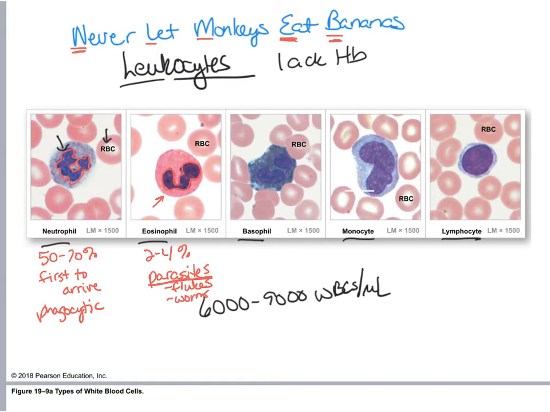So the eosinophils will shoot out little chemicals that will hopefully burst holes in the flukes and the worms. So eosinophils are phagocytic, but sometimes these things that they're trying to eat are too big. The other thing that eosinophils do is they increase whenever you have an allergic reaction.